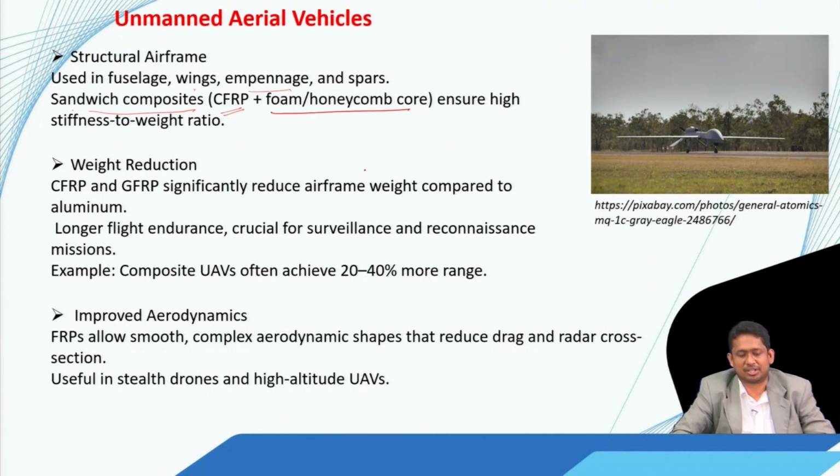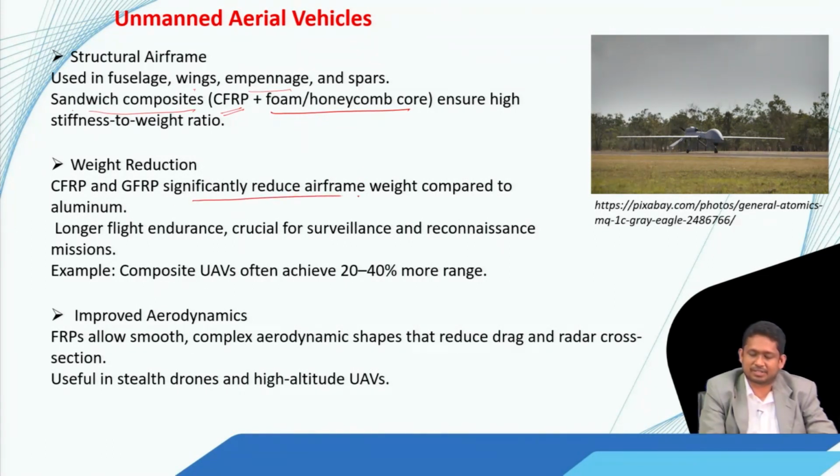This ensures a high strength to weight ratio, and significant weight reduction is achieved. This helps us in designing large endurance flights, which is very crucial for surveillance and reconnaissance missions. Composite UAVs often achieve 20 to 40% more range.